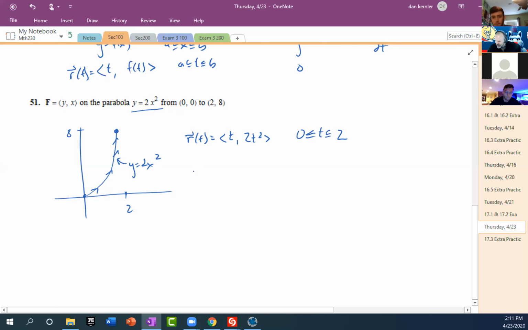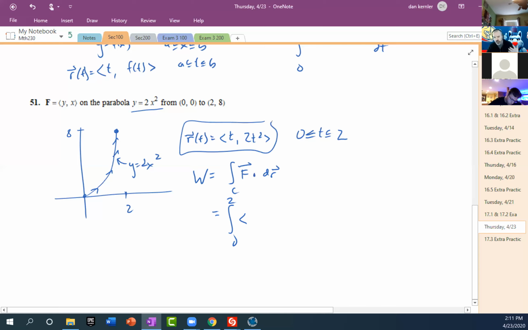All right, so for us here, our total work is the line integral over the curve of the force field dot dr. So we're going from 0 to 2. The field is yx, but we're looking at the field just on the curve, so it's y, which is 2t squared, and x, which is t.